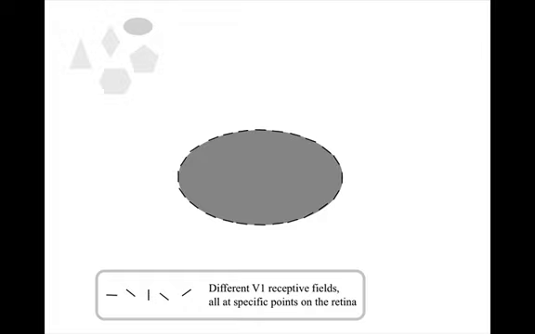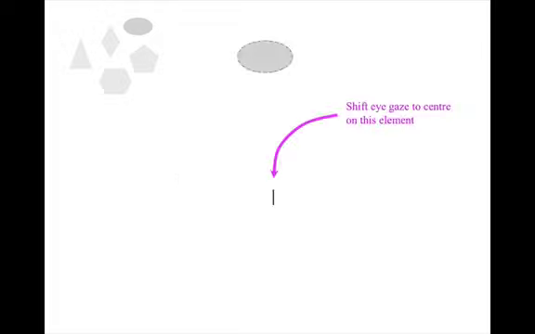So what are the recommendations associated with these receptive field detections? Well, each boundary element detection has recommendation strengths in the basal ganglia. One of the recommendation strengths is in favor of moving the eye gaze to center the fovea on that boundary element.